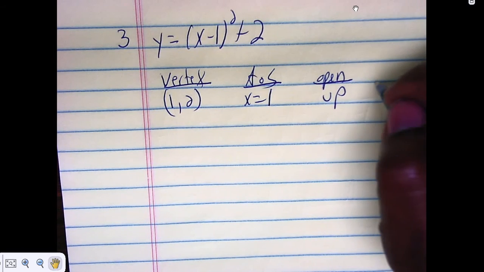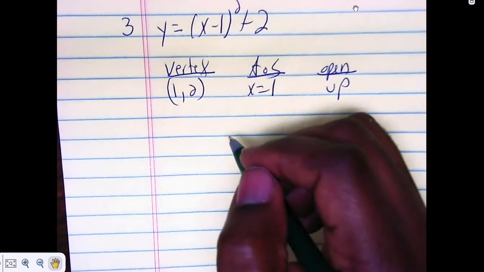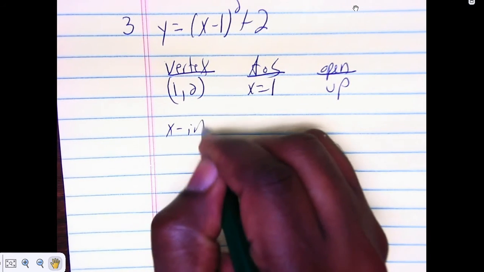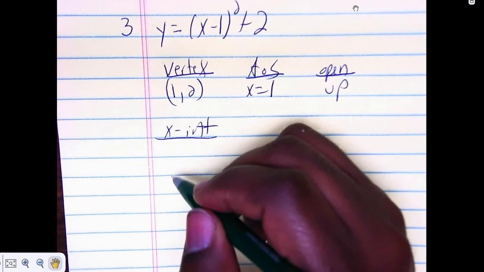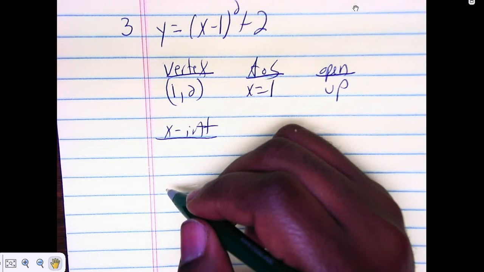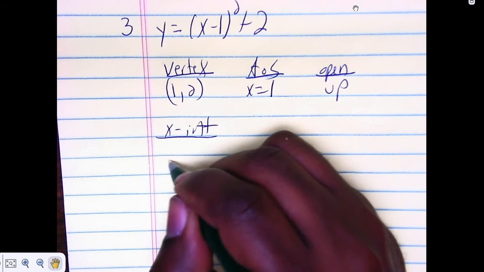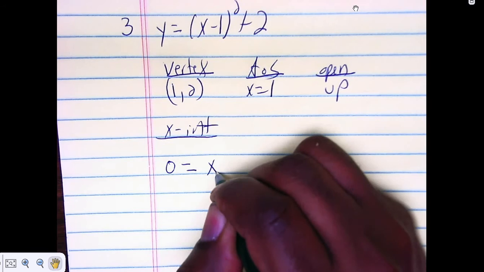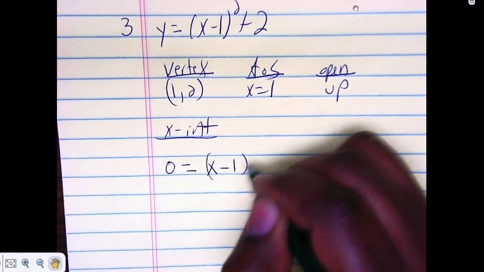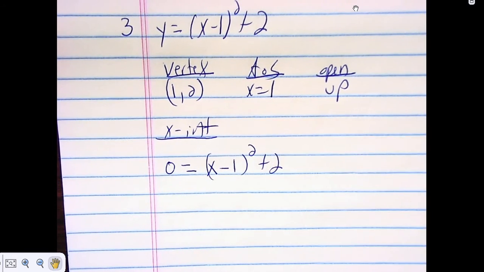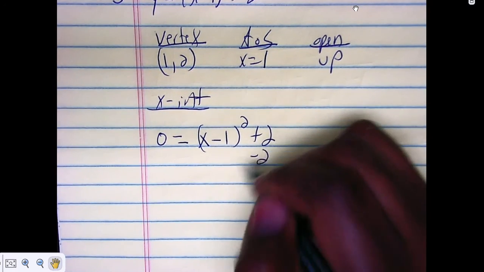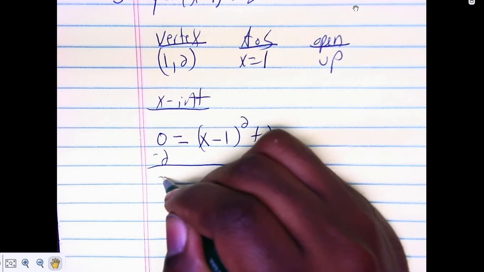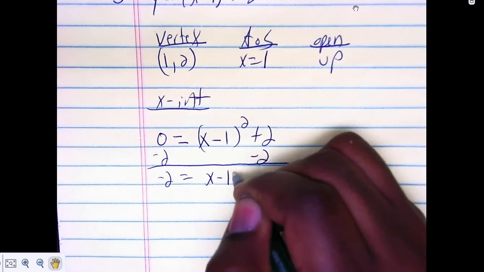What about the x-intercepts? So the x-intercepts come from putting 0 in for y, and then solving for x. Okay, so how do we do this? This almost looks like completing the square. So you subtract 2 from both sides. x minus 1 squared.